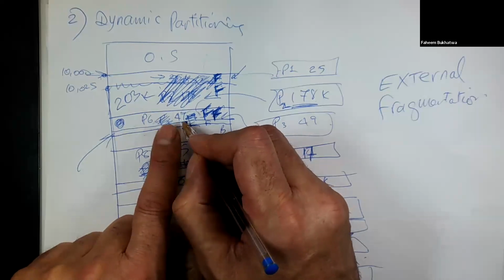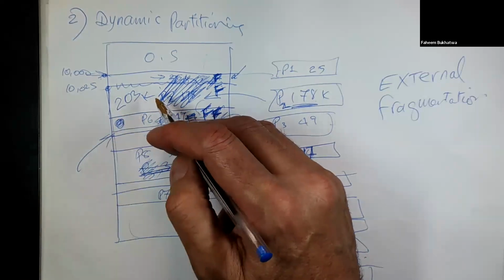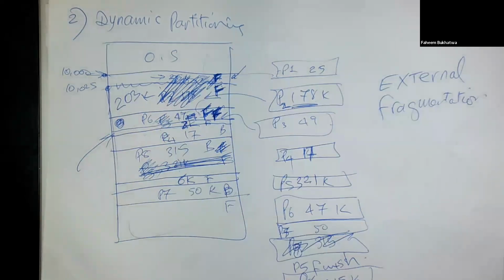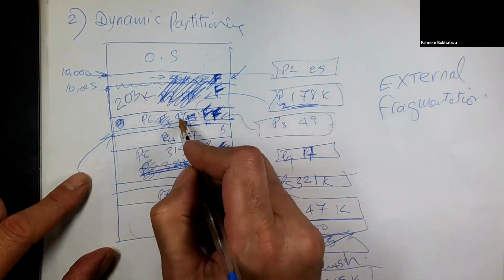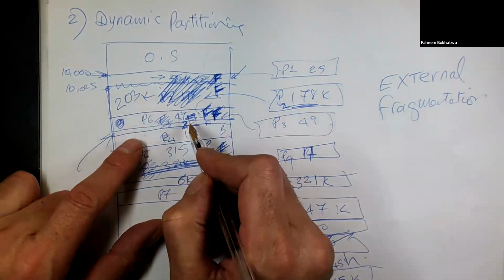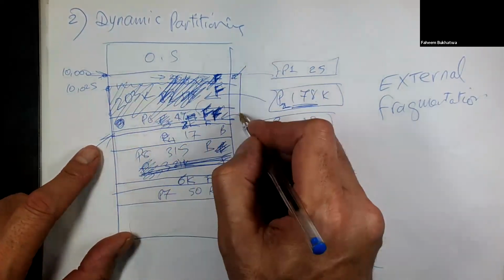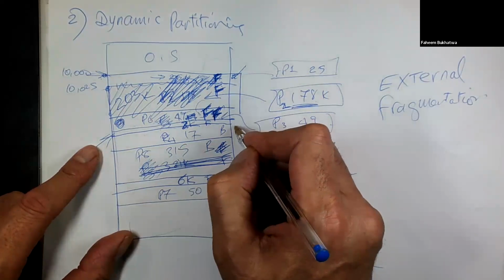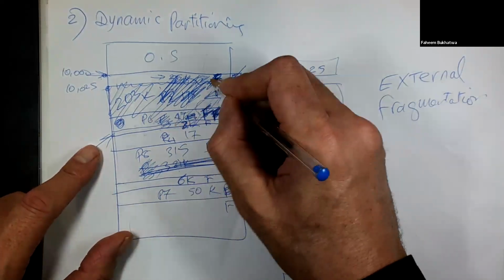So we have 2K, 47K, and 203K. You can merge the three of them together into one block. How big is the new block going to be? 203 plus 47 is 250, plus 2. So now we have one free block of 252K, all one block and free.